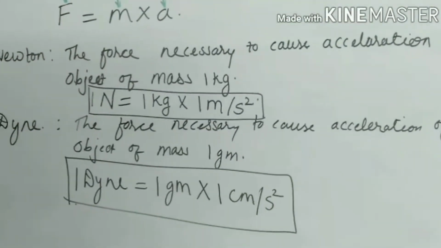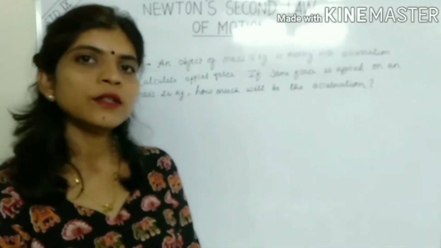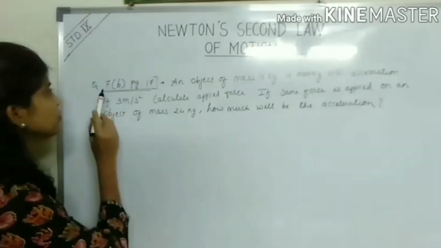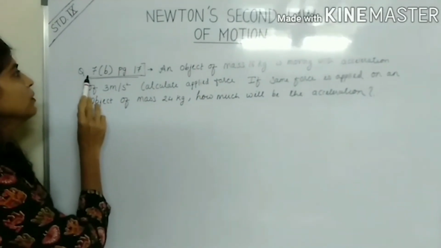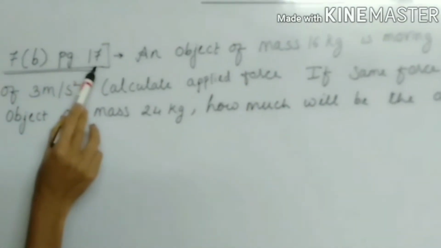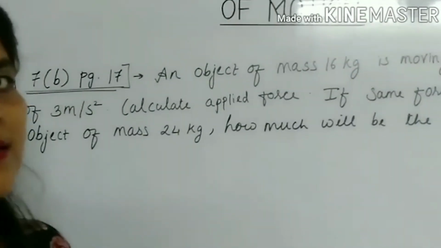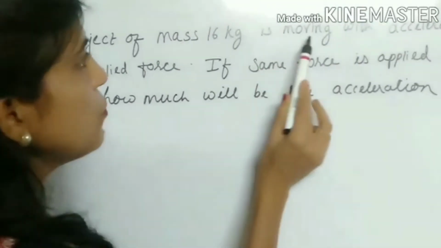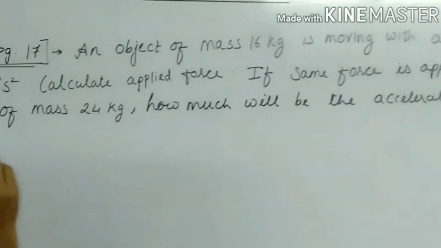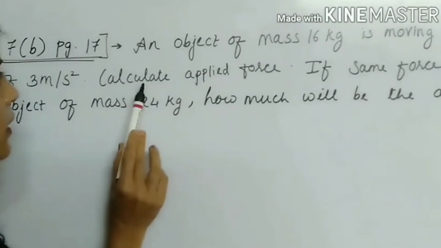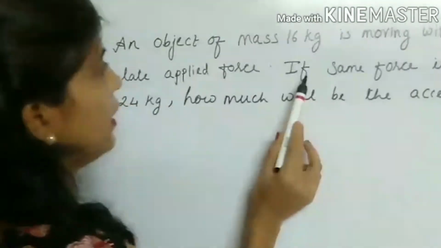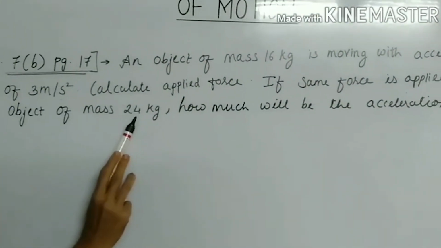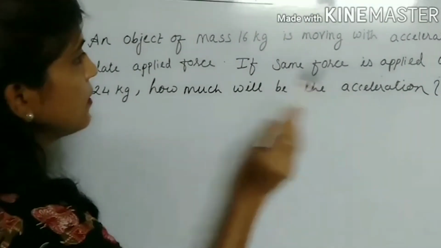I hope it's clear to you. Now let us start numerical based on Newton's second law of motion. Now we are going to solve question number 7b given on page number 17 of your science textbook. An object of mass 16 kg is moving with acceleration of 3 meter per second square. Calculate applied force. If same force is applied on an object of mass 24 kg, how much will be the acceleration?